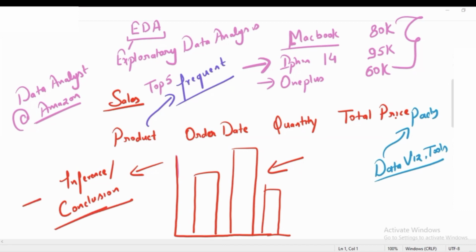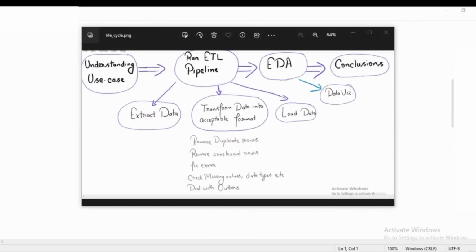It's a good practice to mention conclusions, because some of your team members are not aware of the technical things of your project. If you're not able to draw any conclusion from plots and charts, your analysis is useless. So please understand that it's mandatory to make conclusions from the analysis you are doing. So this is the entire life cycle that we have learned so far.